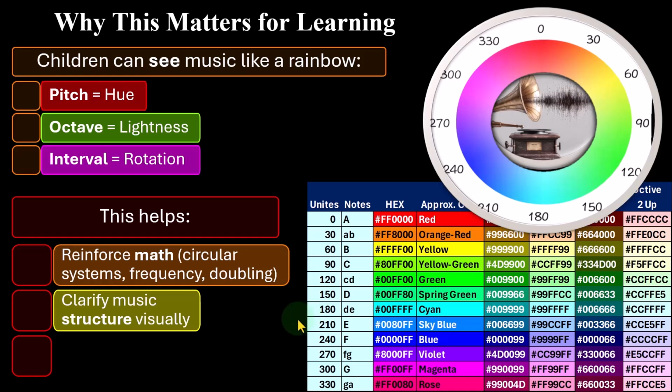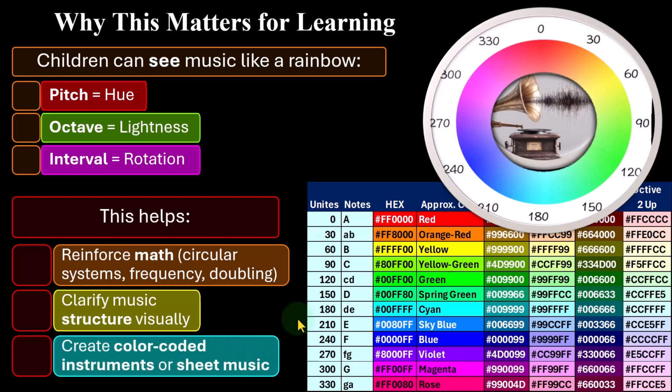So, clarify music structure visually, and create color-coded instruments or sheet music. And again, whenever I say color-coded, just because of the political environment I happen to be in, California in the United States, I feel like there's some kind of political thing there. It's like, no, the colors are coded to define the notes, right? You should be able to visualize the notes by color.